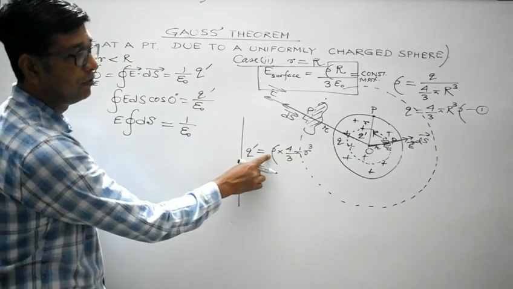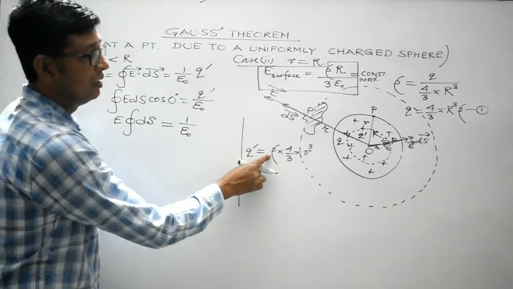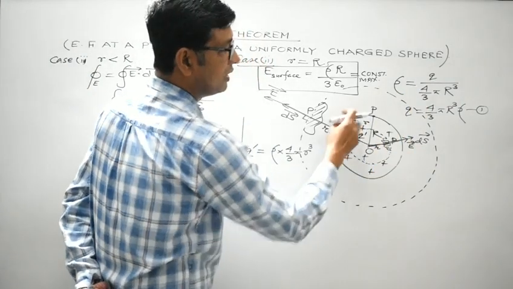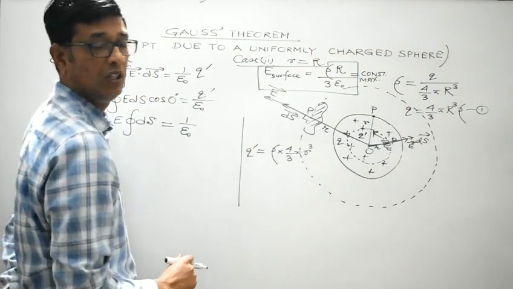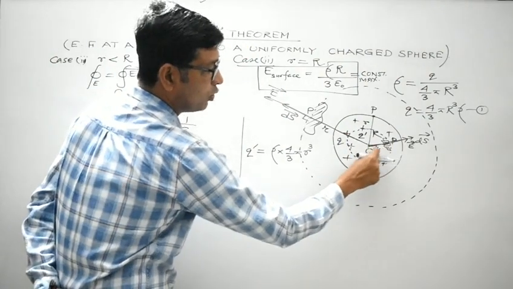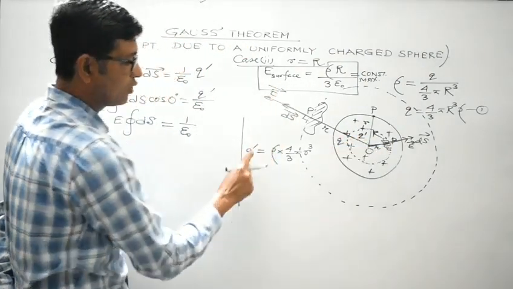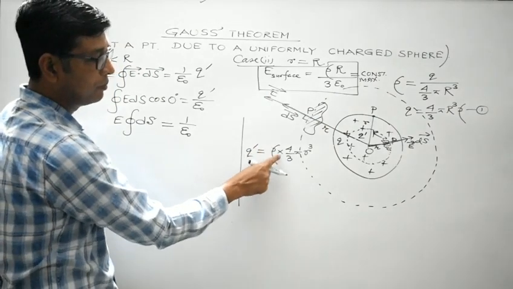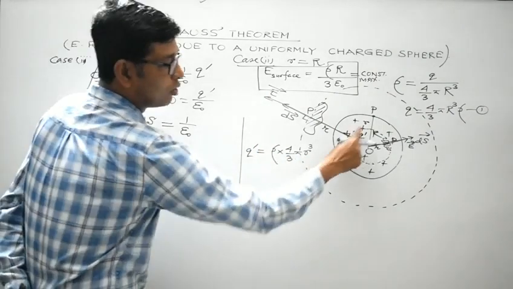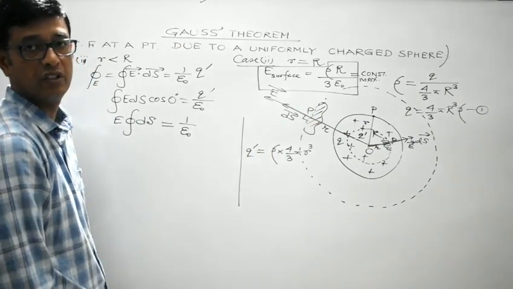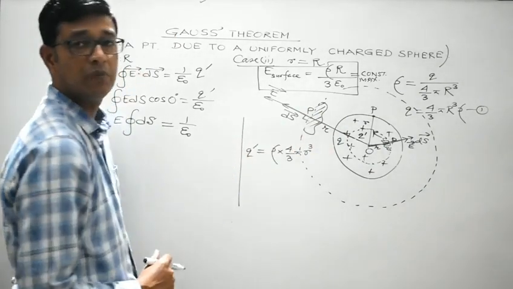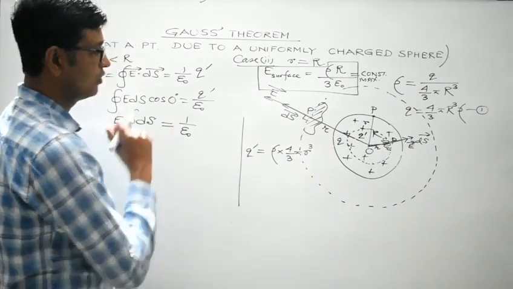Look, rho is the volume charge density. In volume 4 by 3 pi r cube, the charge content is Q dash, which will be given by volume charge density multiplied by the volume of the Gaussian surface under consideration. You can make use of the unitary method as well to obtain this expression, right?